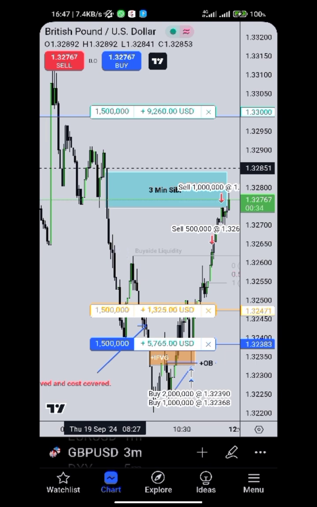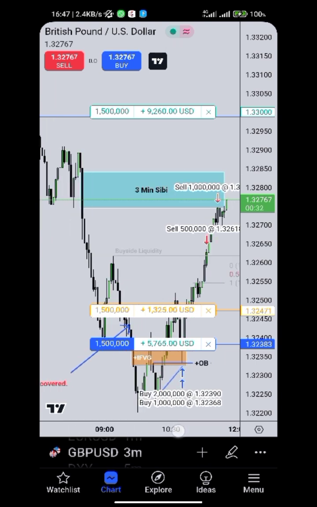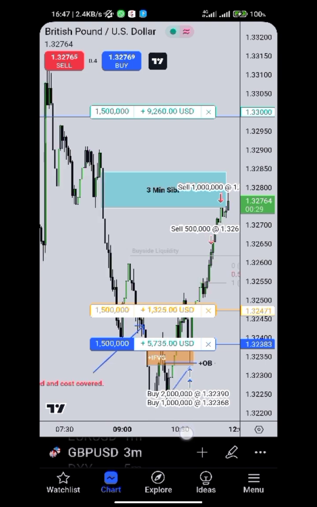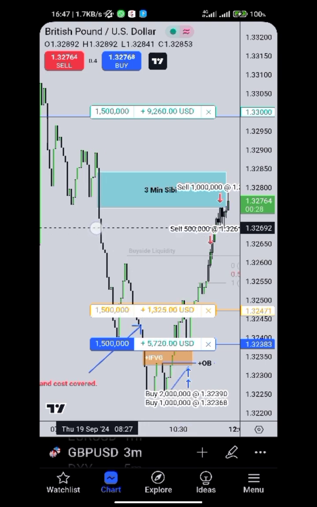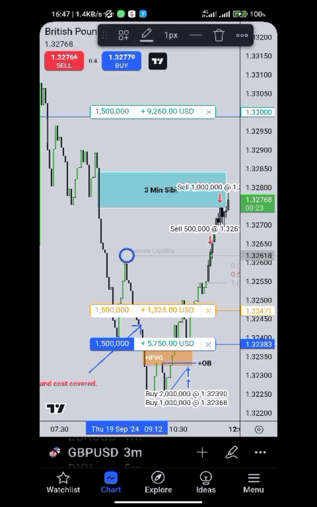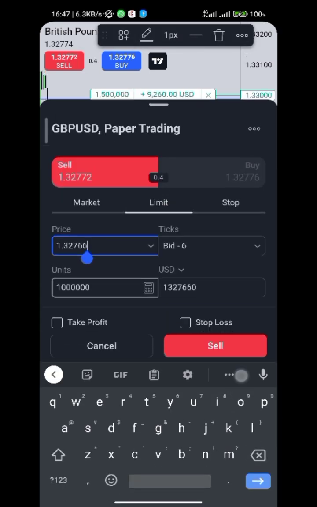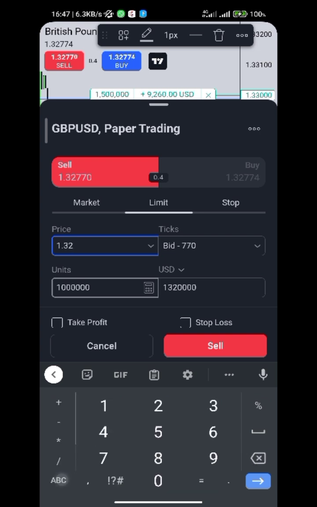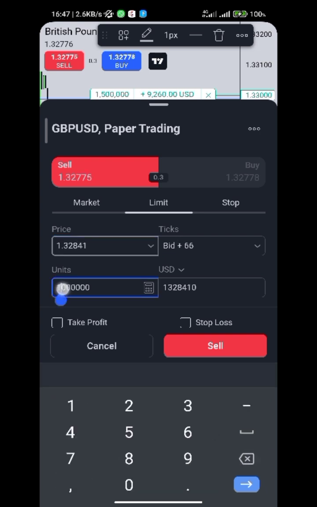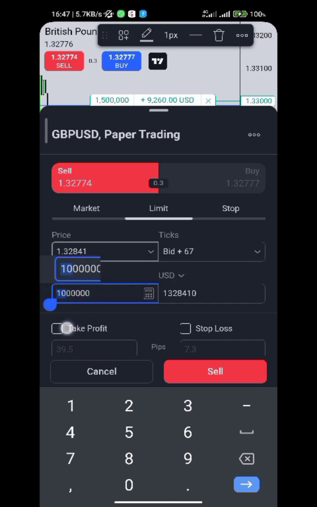Okay, for clarity, I didn't change anything on the chart. I only moved to the 5-minute time frame. So I'll be using the high of this inefficiency, which is the low of this candle at 1.32841. I'll put in the sell limits there, 1.32841, a 500,000 limit.